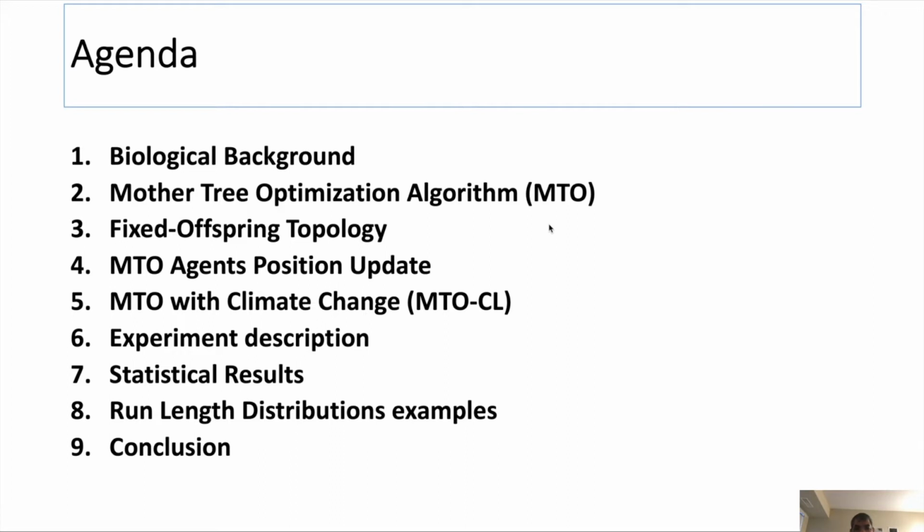Then we will explain how we update the position of each agent in the population, and we will talk about the MTO variant, another variant of the mother tree optimization algorithm that we have proposed using climate change. Then we will talk about the experiments that we conducted, some results, and a conclusion.